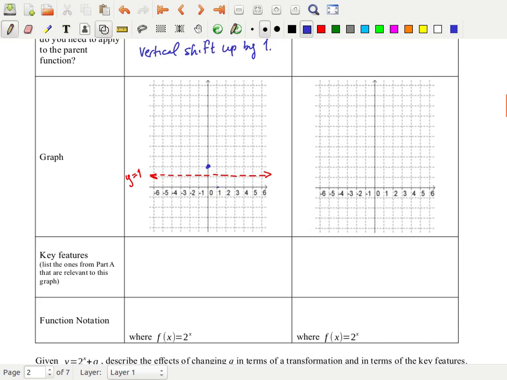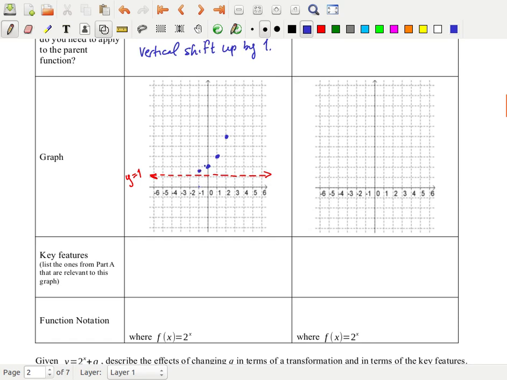Similarly, we used to have a point at (1, 2), but that's moved up by 1. Now it's at (1, 3). We used to have a point at (2, 4), but that's moved up by 1, so that's now at (2, 5). We used to have a point here at (-1, 1/2), but instead now that's at (-1, 1 and 1/2).